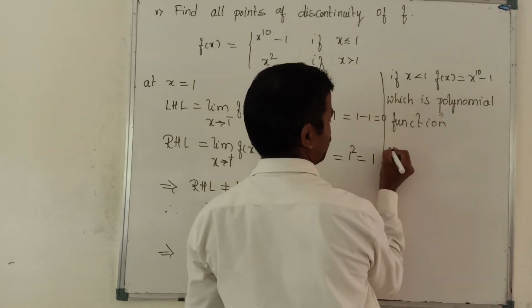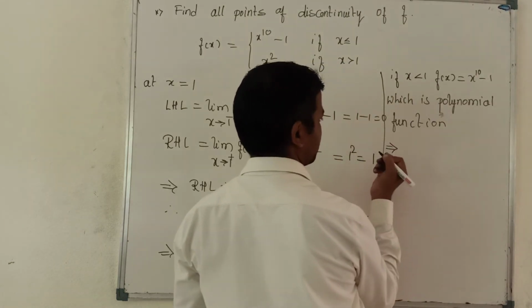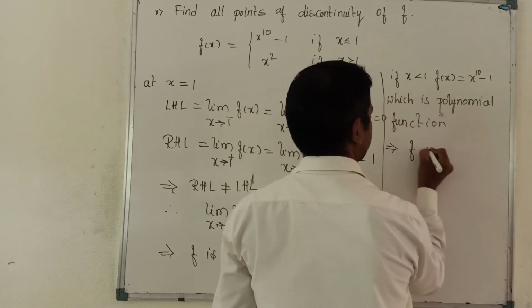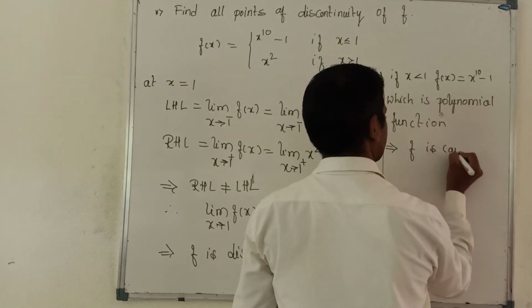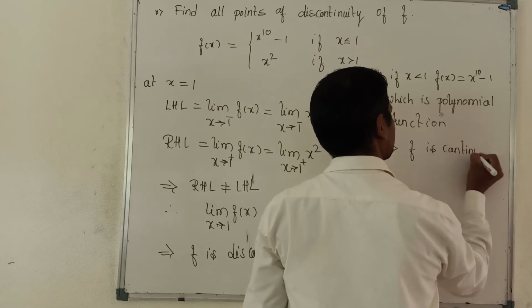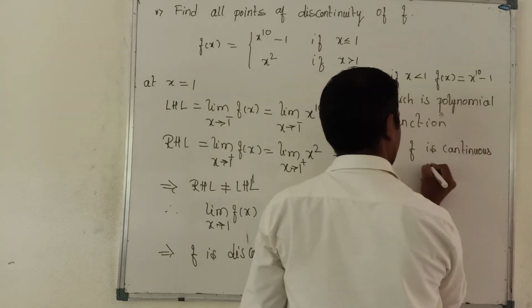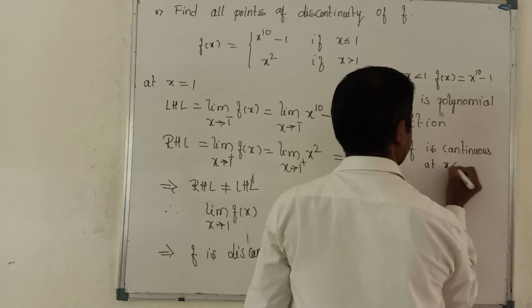We know that every polynomial function is continuous for every real number. It implies that f is continuous at x less than 1.